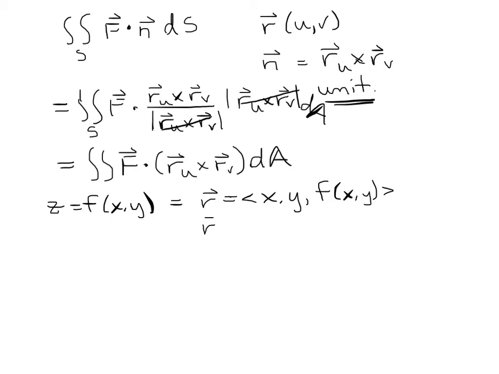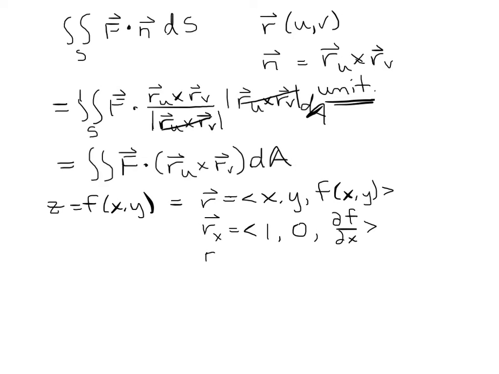So now if I find r sub u, I'm sorry, I don't have a u in there. Let's try to find r sub x. If I find the partial of this with respect to x, I'd have a 1 and then a 0, and then I'd have to take the partial of whatever function z is with respect to x.